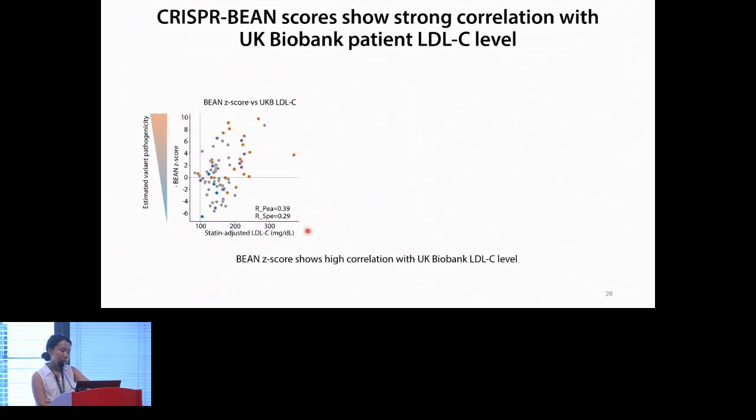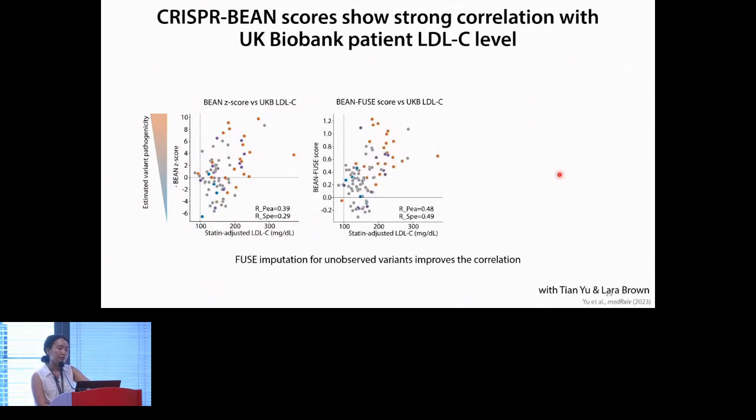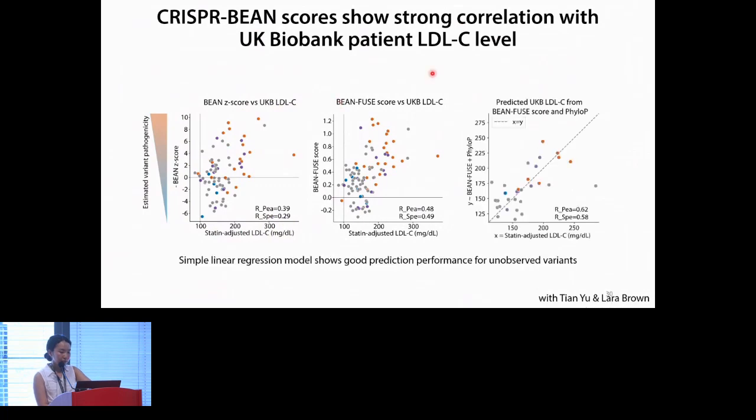And we see moderate correlation, which is improved by a recently released imputation method that tries to share information between the same amino acid transition. And when we did very minimal prediction modeling, constructing a linear model of this imputed score plus the conservation score, we achieved decent correlation for the unobserved variants in the base editing screen.